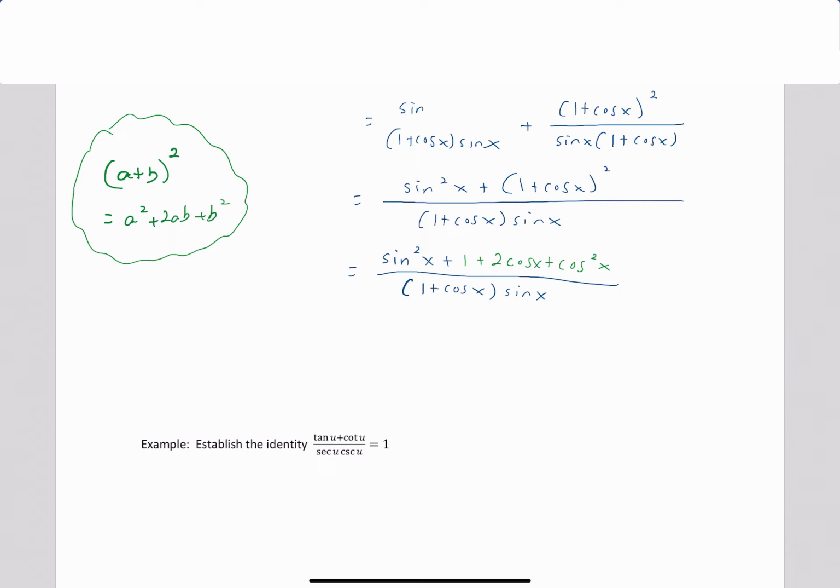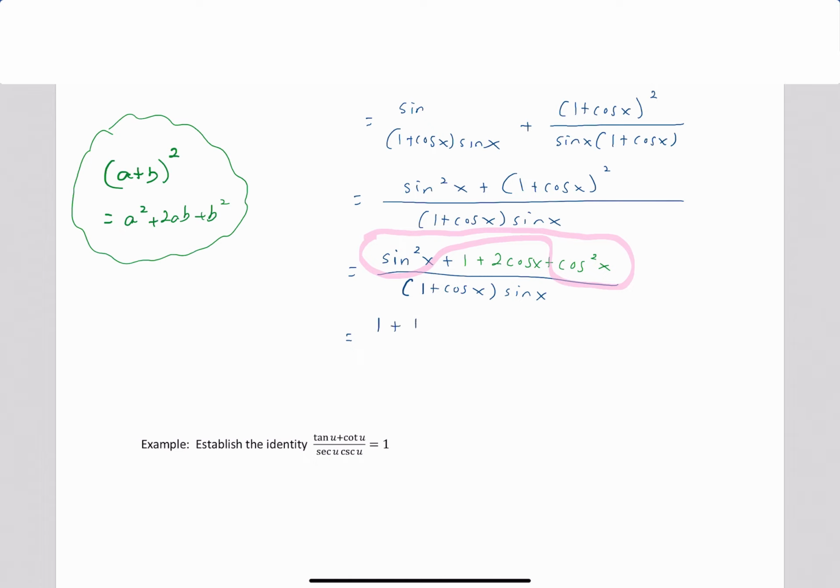I'm going to work on simplifying, but I don't see anything that algebra is going to help me with. But I do see a spot where I can use a trig identity because I have sine squared plus cosine squared. And we know sine squared plus cosine squared is a 1. And then I still have this other one.